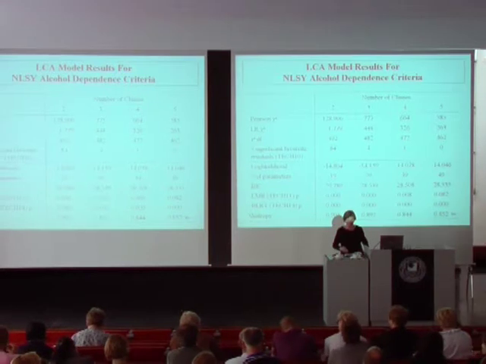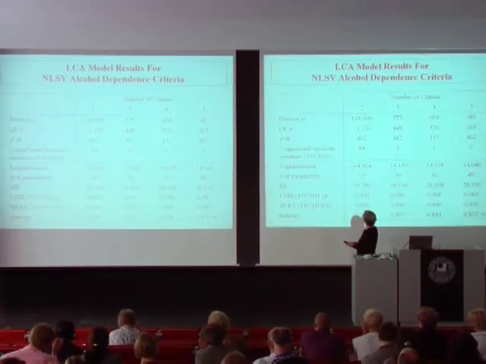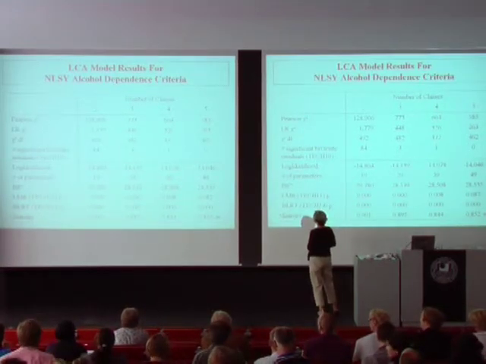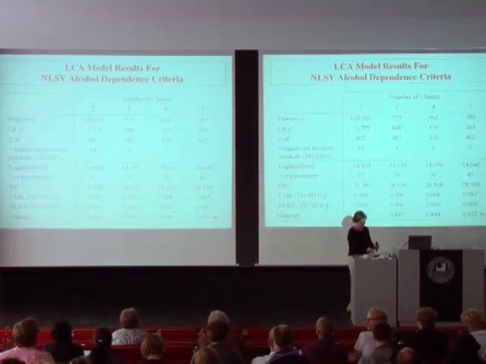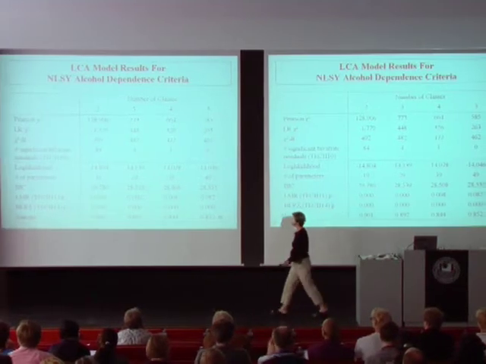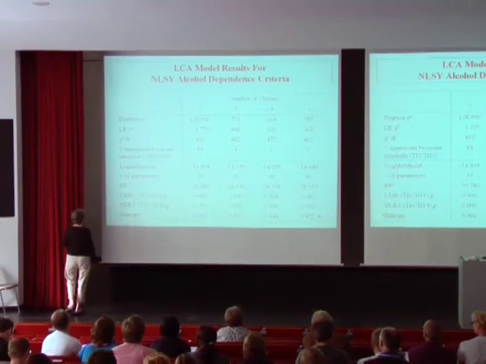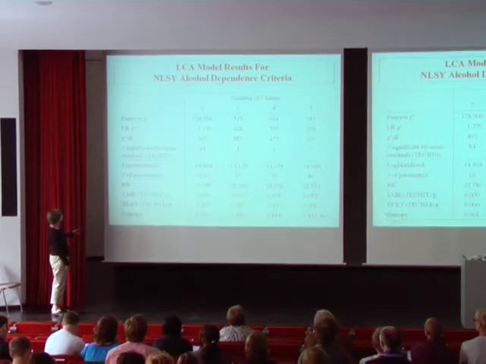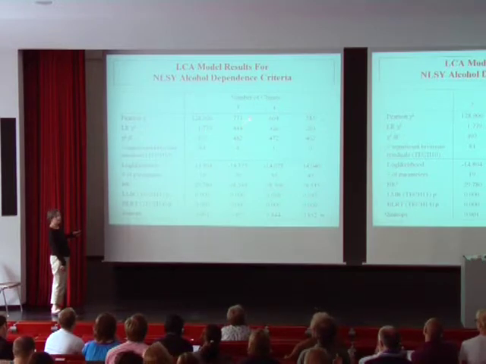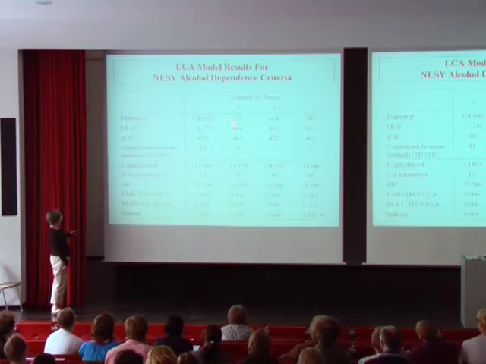So now we're going back to the example that we looked at earlier. If you remember, we were looking at the alcohol example, and we looked at between 2 and 3 classes. These are the numbers we looked at, the 1779 and the 448, the chi-square values.